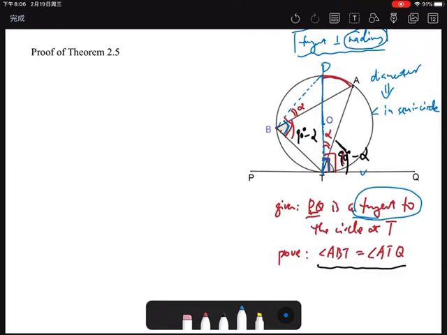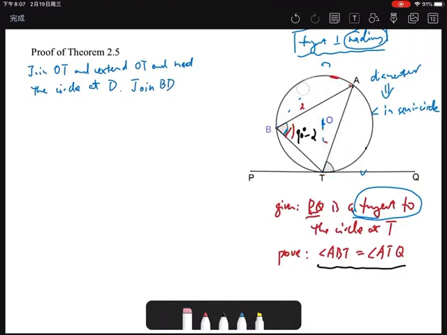At the beginning, we have to construct a line. So join OT and extend OT and meet the circle at point D. And also join BD.